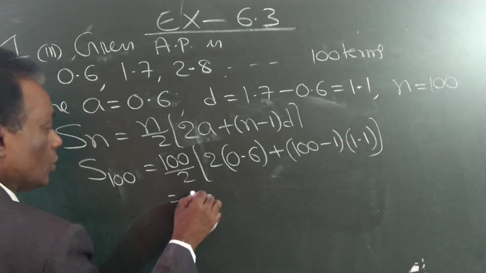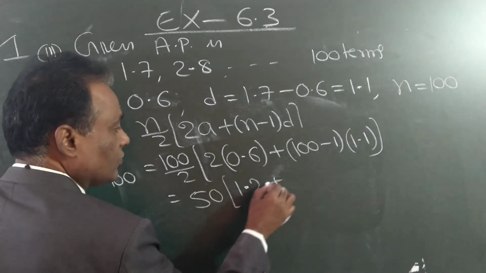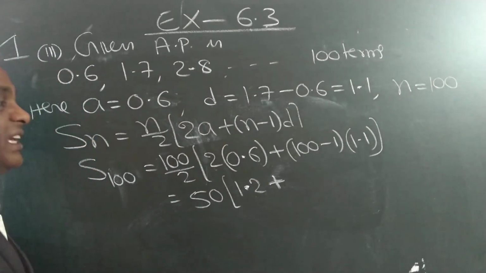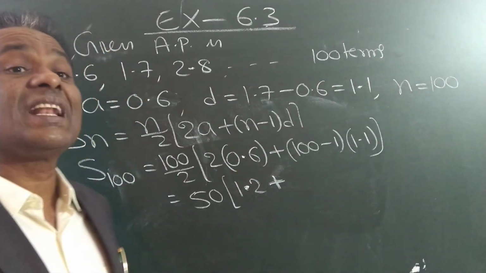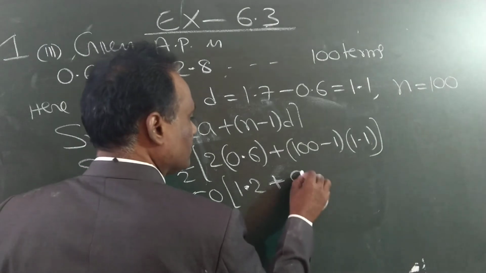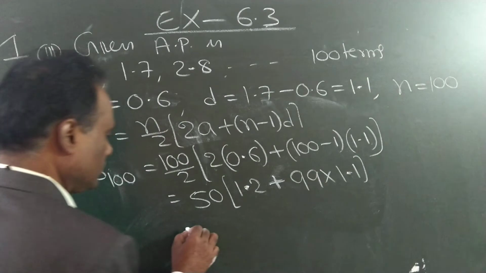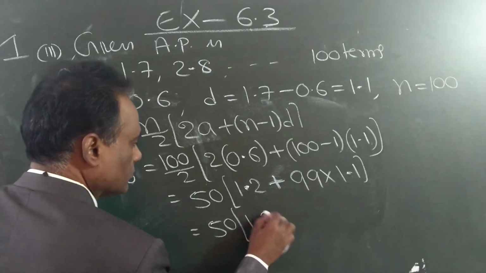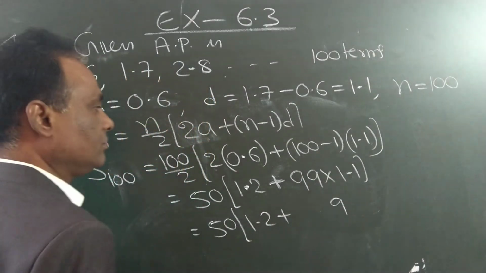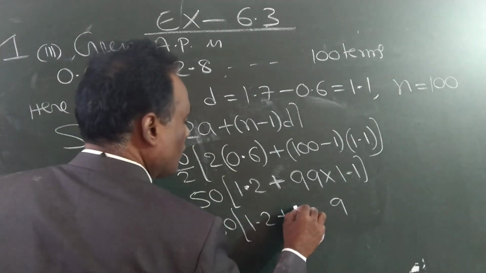So 100 by 2 is 50, into 2 into 6, 12, which means 1.2. 100 minus 1 is 99. 99 into 11: 11 nines are 99, plus 9, 108.